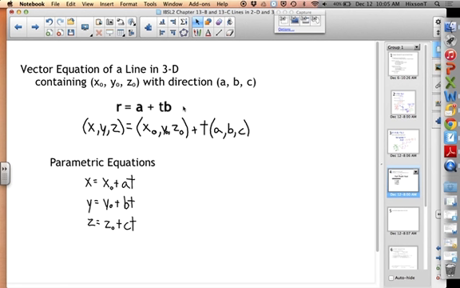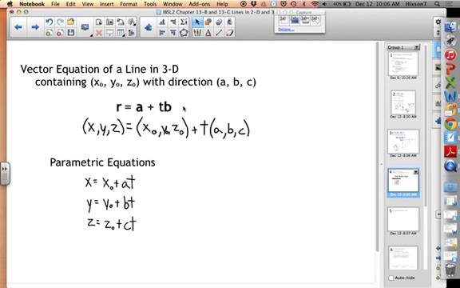Now what is x sub naught, y sub naught, z sub naught? In a given situation, that's going to be the position at time 0.